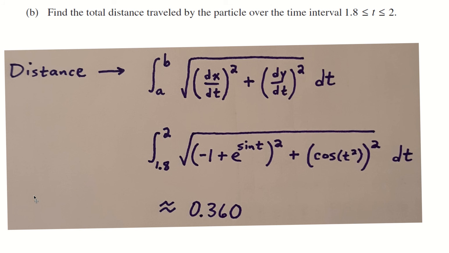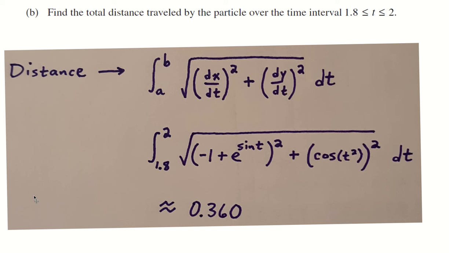Okay, now on to part B. I'm going to assume the only thing you were really missing here, or just weren't aware of, was the total distance of something, given as a vector. It's essentially a formula.